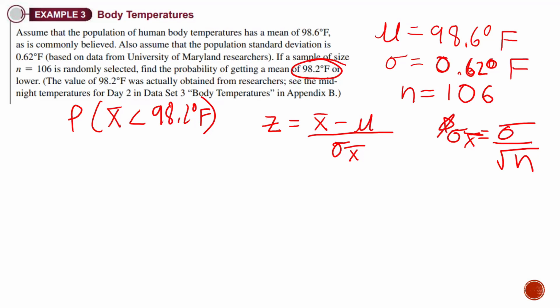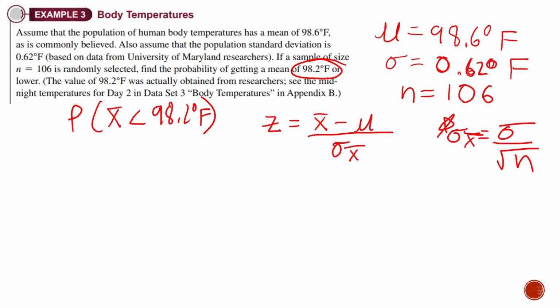And I would start here because I'm going to need that for my z-score. This is just plug and chug. I gave you the formulas. That was the hard part.